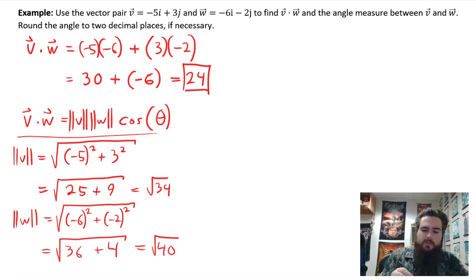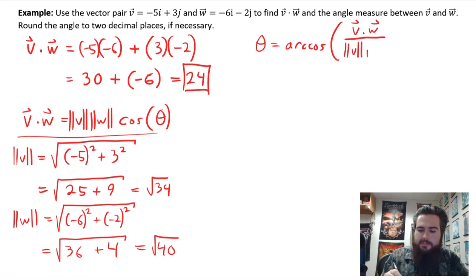But using those, we can now calculate theta by rearranging this geometric interpretation of the dot product formula. To get theta by itself, that would be arc cosine of the dot product of v and w, divided by the magnitudes of v and w multiplied.